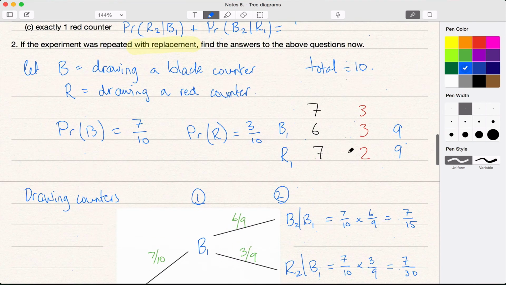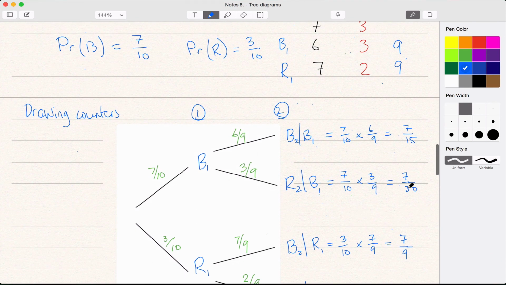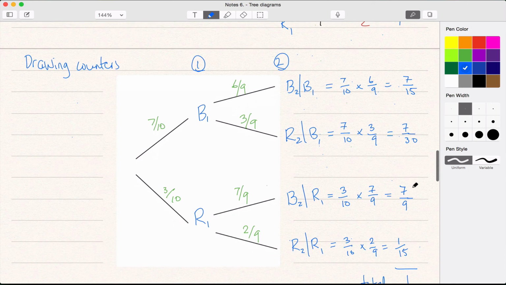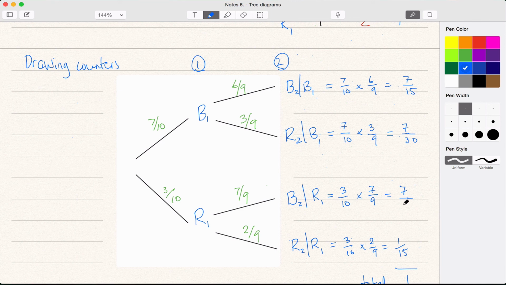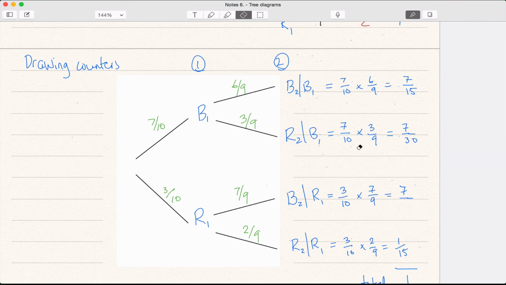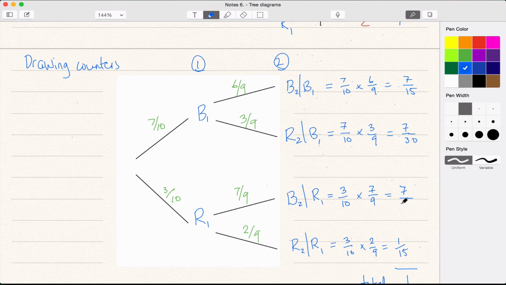And looking at our tree diagram, that is 7 out of 30 plus, I don't know why I've got a 9 here. That should be 7 out of 30. So if you copied mine, you might need to make that change.